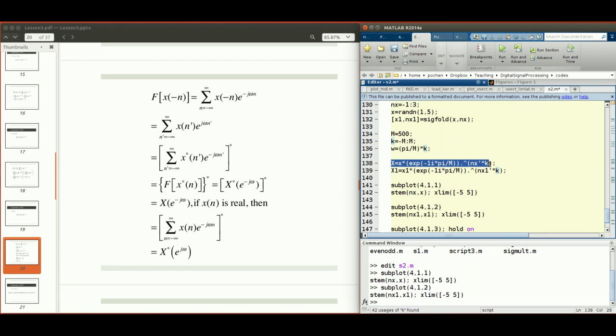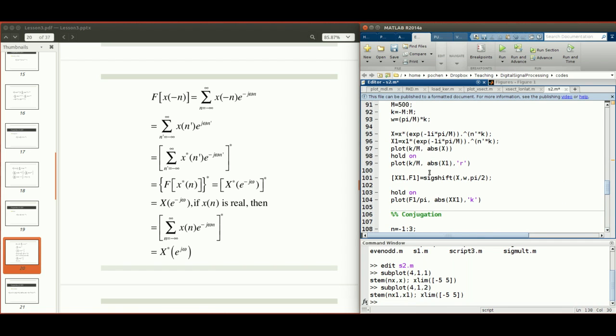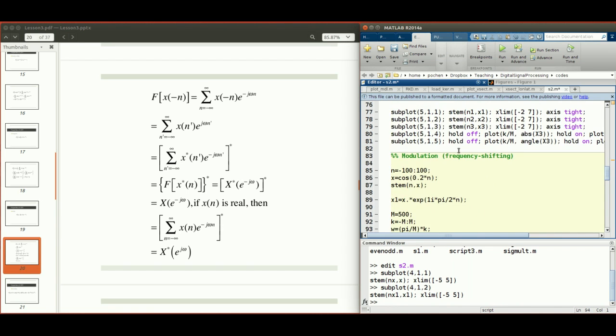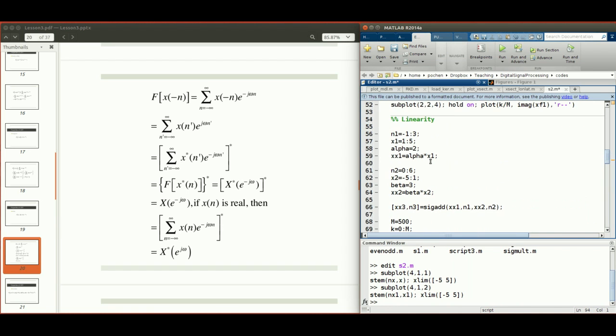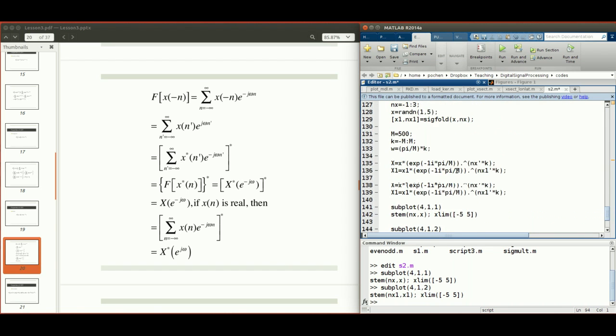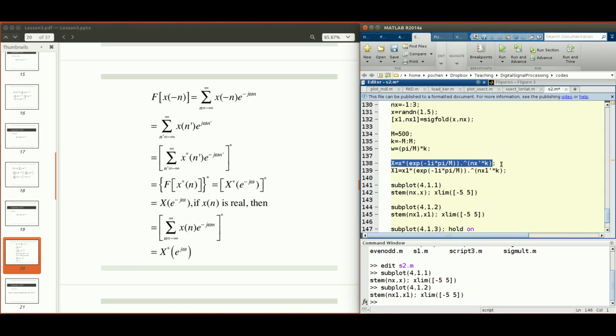This formula is exactly the same as what we have used in previous examples. We're using the same formula here, right? So that's the Fourier transform of the original signal before you did the folding, which is x and nx.